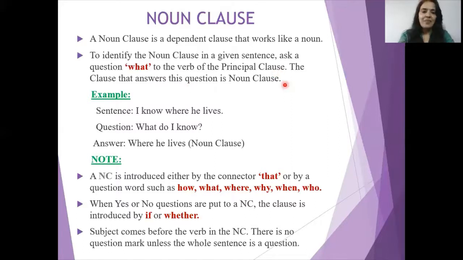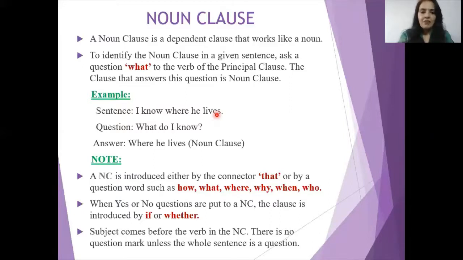Let's see this example. I know where he lives. If we divide it into two parts, principal clause and noun clause. In the last session, we discussed what a dependent clause is, which doesn't give a complete sense.